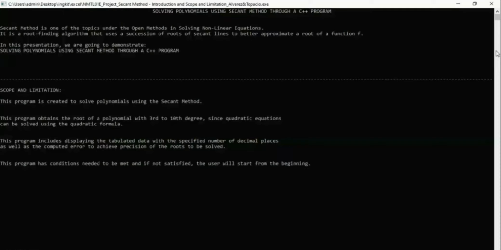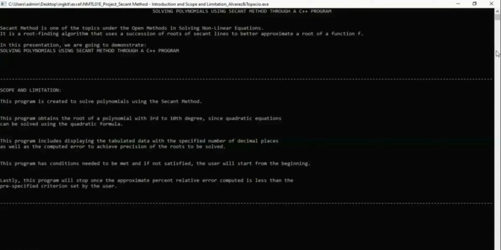This program has conditions needed to be met, and if not satisfied, the user will start from the beginning. Lastly, this program will stop once the approximate percent relative error computed is less than the pre-specified criterion set by the user. Let's begin!